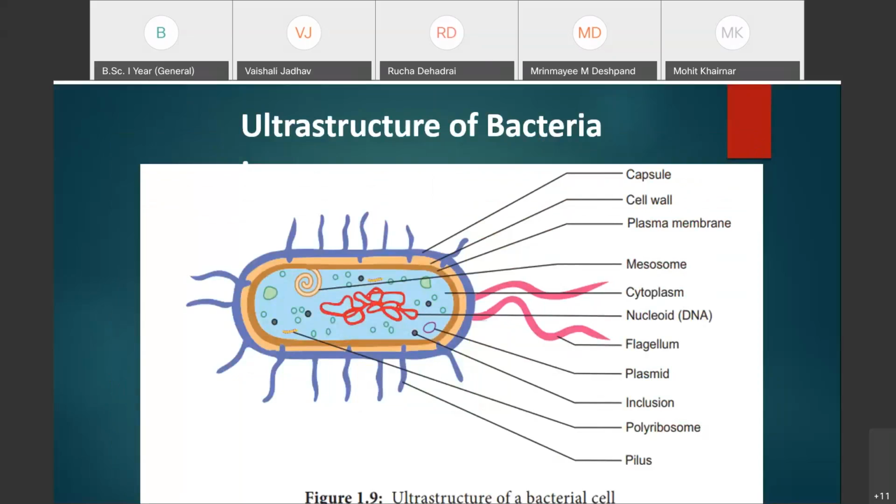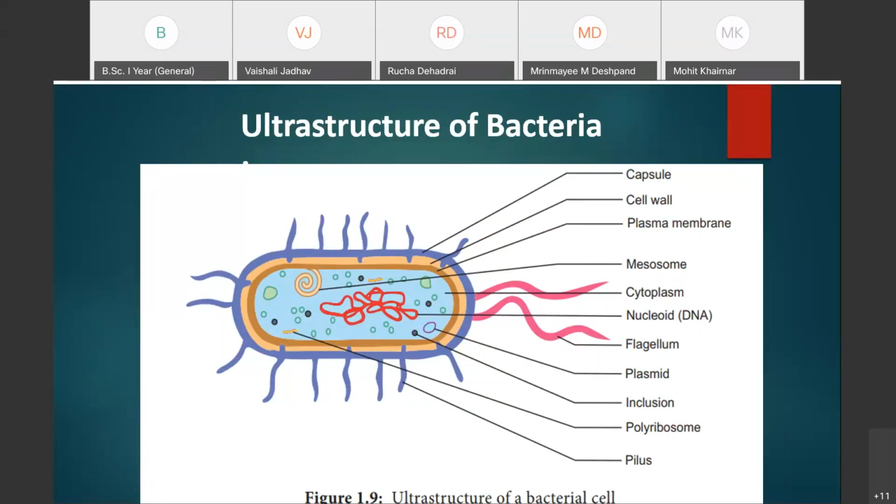Then what is the difference between the pilus and the flagella? The pili or fimbriae are smaller in size than the flagella. Several hundreds of pili or fimbriae are present on the surface of the bacterial cell.